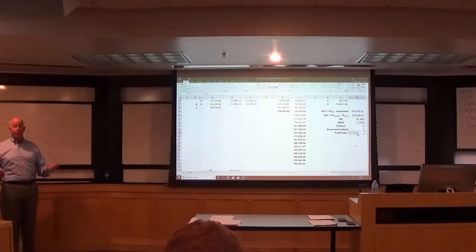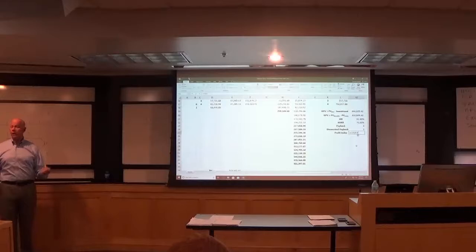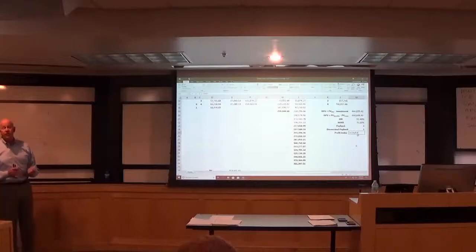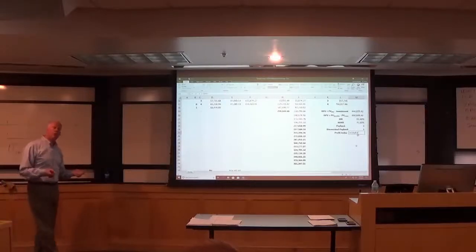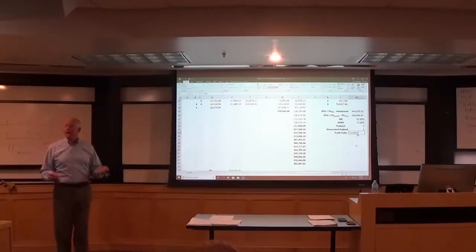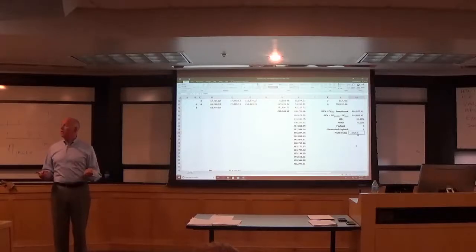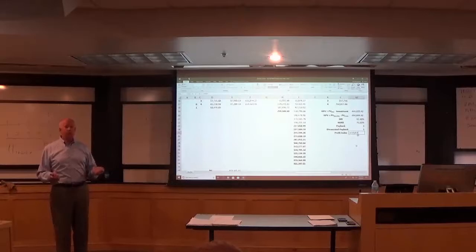Profit index of greater than 1, cool, right? It had an estimated value far greater than what you actually paid. A profit index of less than 1 would be like having a net present value of less than 0. Means you would be getting a rate of return less than what you expected.